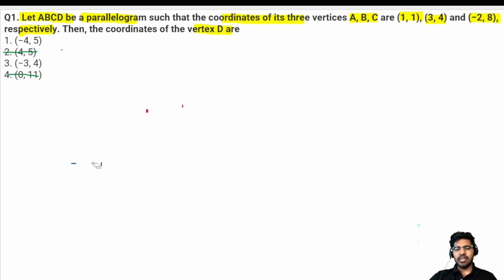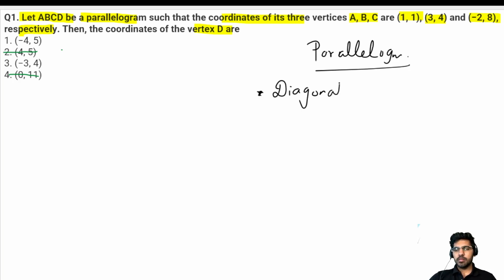So before we get into the solution of this, let's talk about parallelogram a little. What are the properties of a parallelogram? I've written it in short, so don't judge me on my spelling, right? We know that diagonals of a parallelogram bisect each other.